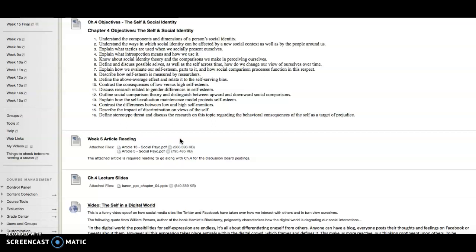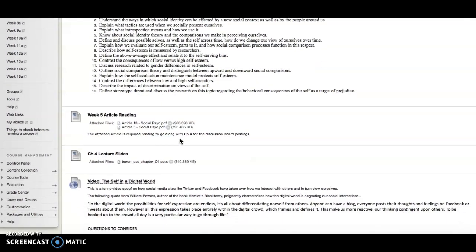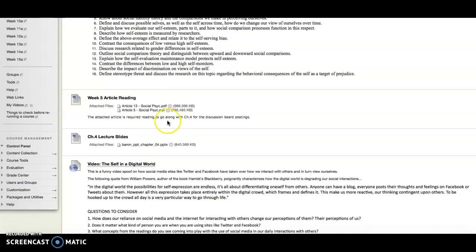So we'll get into low versus high self-esteem, some gender differences there, and then into some of the theory on social comparison. How do we use it? How is it good? How can it be damaging? And then the various tactics that we employ to protect our sense of self or our self-esteem.